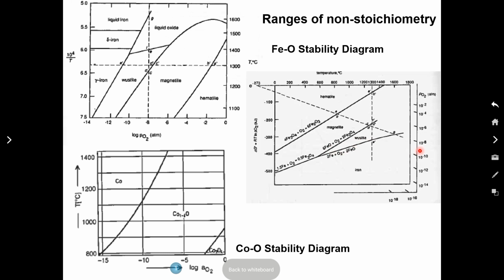You can actually determine from the diagram what that PO2 will be at 1000 degrees C to keep iron and iron oxide in equilibrium.